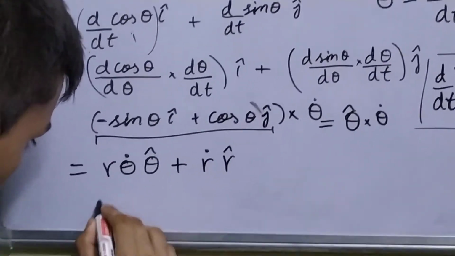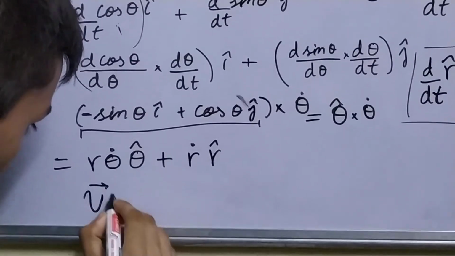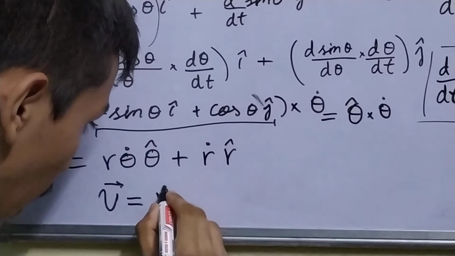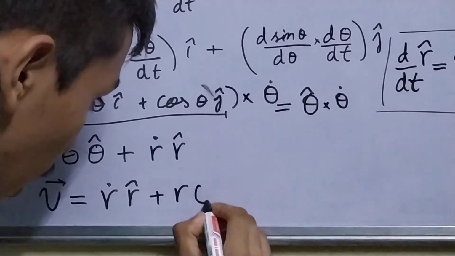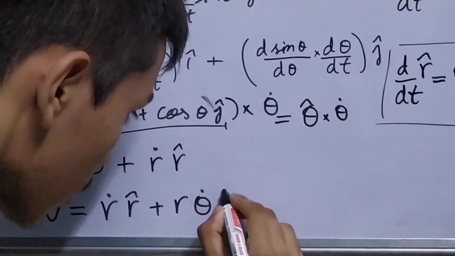So we can write velocity in polar coordinates as r dot r cap plus r theta dot theta cap.